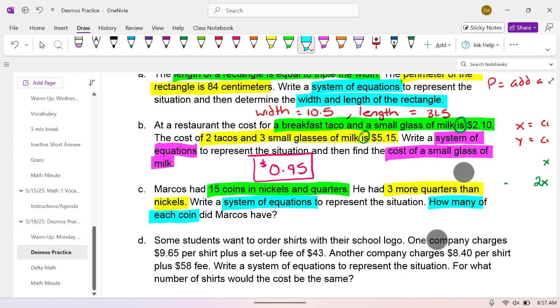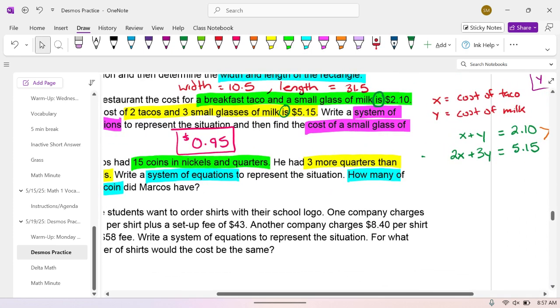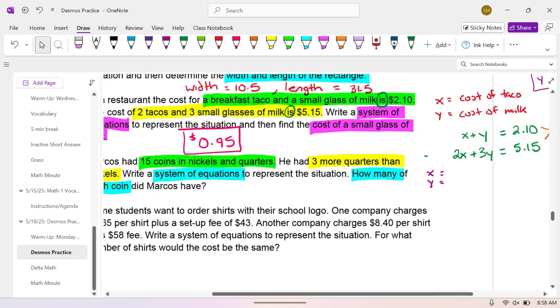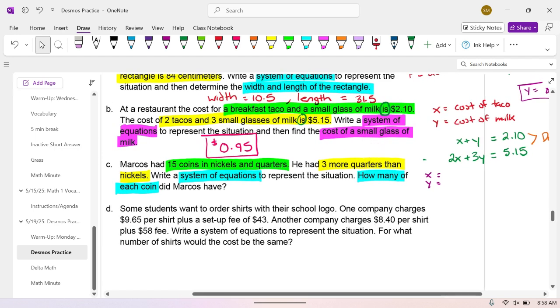All right. So now we're in our analysis. So let's start by saying what our variables are. What's going on in this situation? Now, I'll give you guys a hint. A lot of times your variables are going to be based off of what the question's asking. So what is the question asking?